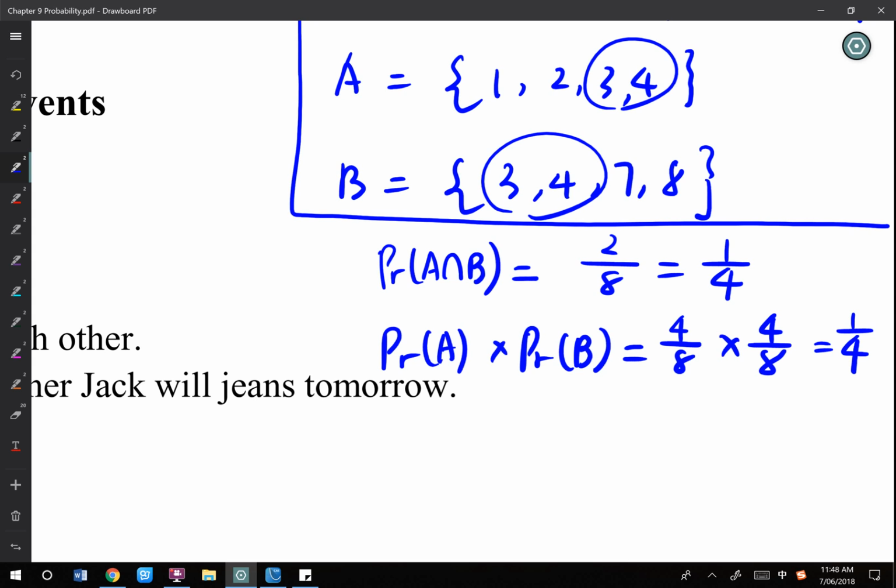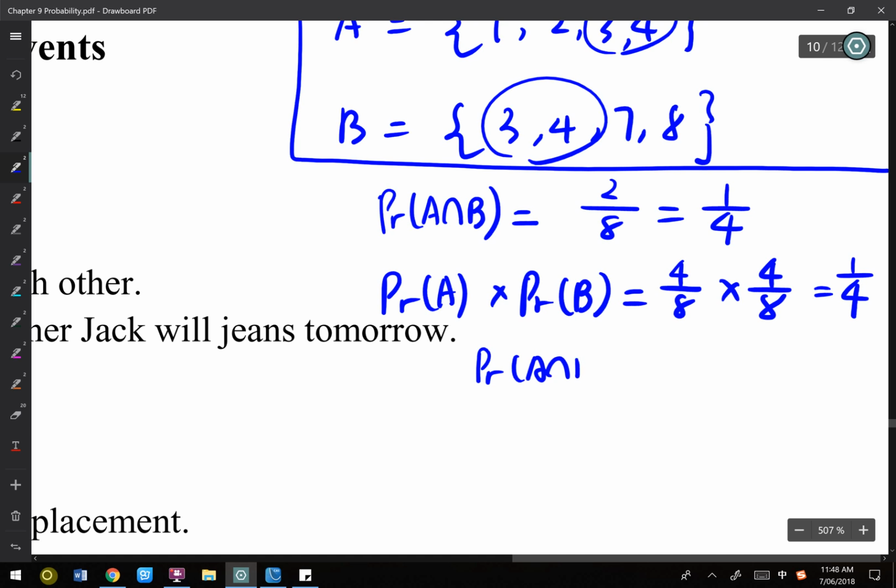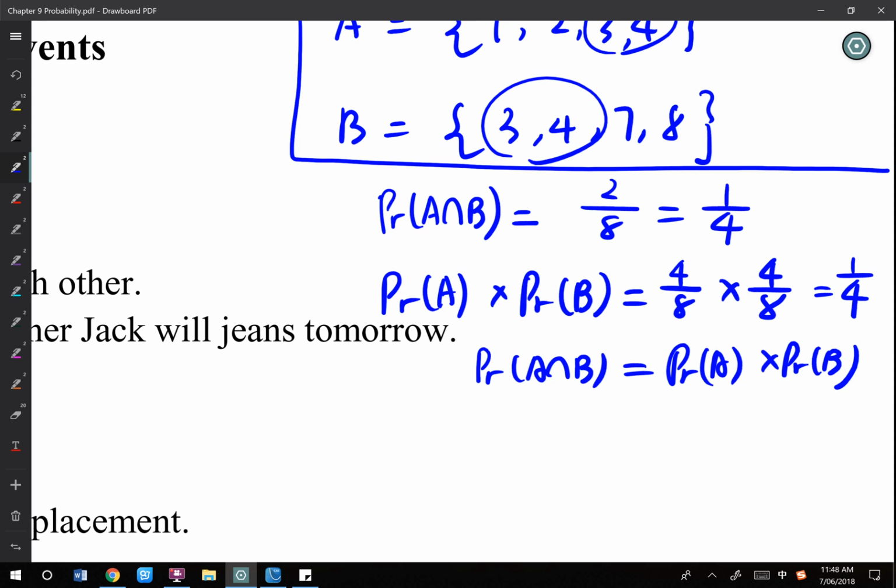You basically calculate the left-hand side and right-hand side. But then you know that if they are equal, that's a true formula, because probability A intersects B equals prob A times prob B. You're allowed to know that. You just can't write it as a conclusion at the beginning step.